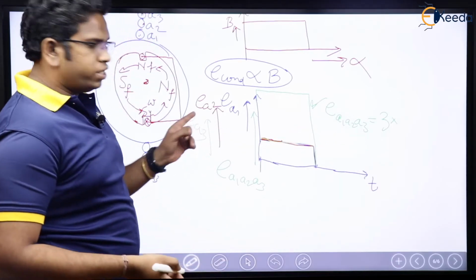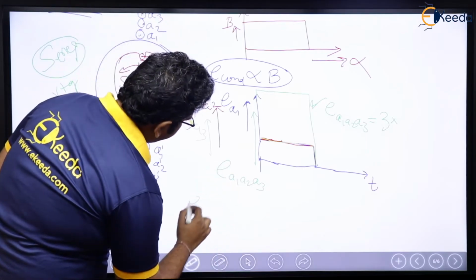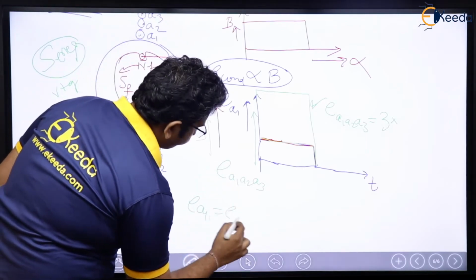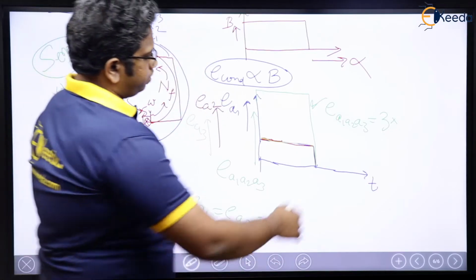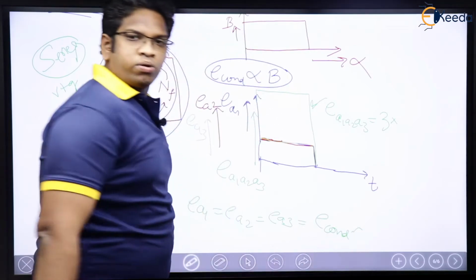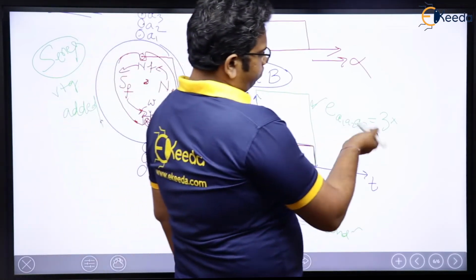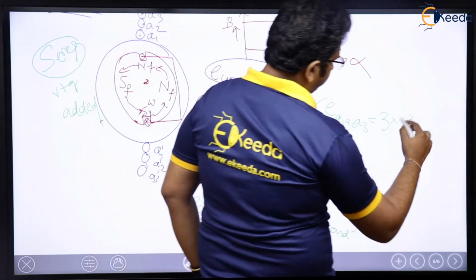Should we write EA1, EA2 or EA3? Better what we can do is, we will write EA1 is equal to EA2 is equal to EA3, and so it is equal to nothing but E conductor, let us say. This is equal to E conductor. So let me have EA1 plus EA2 plus EA3 equal to 3 times E conductor.